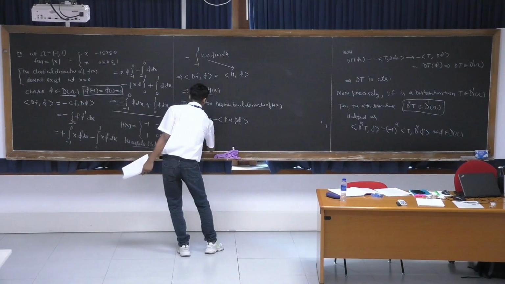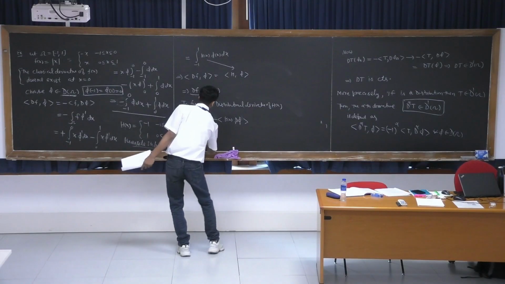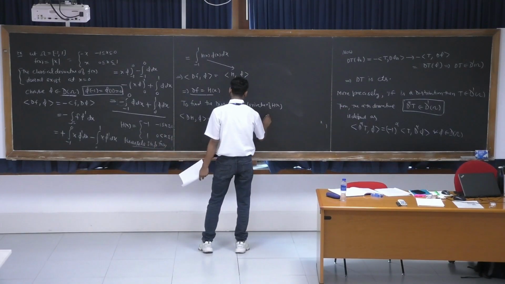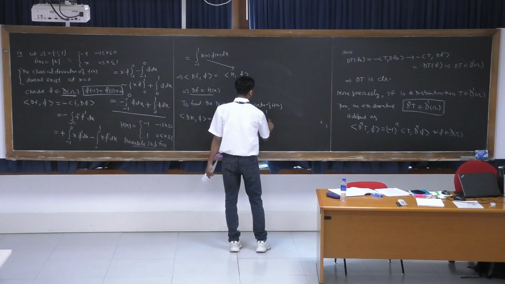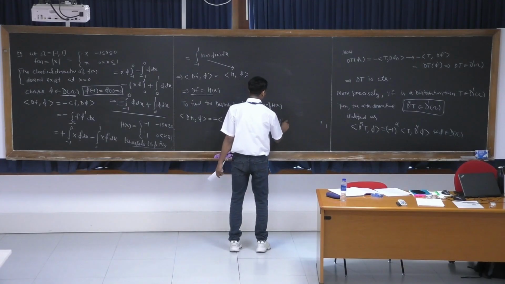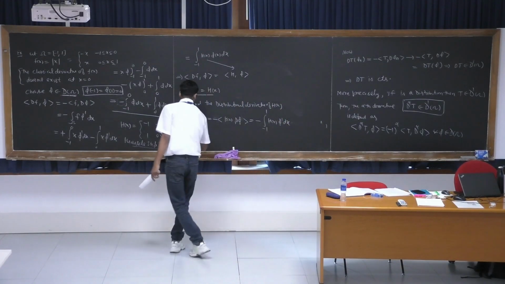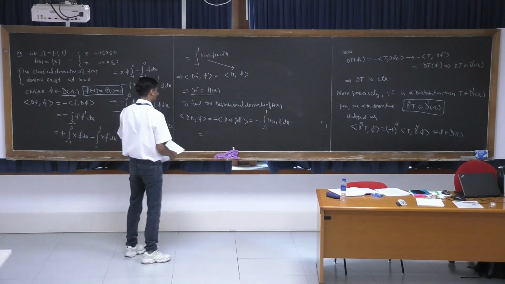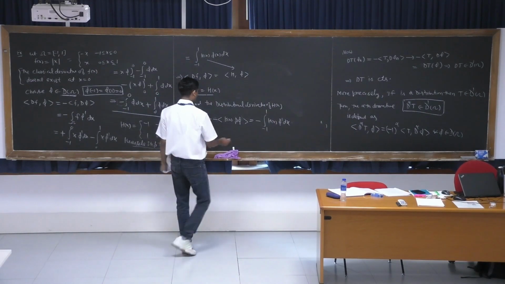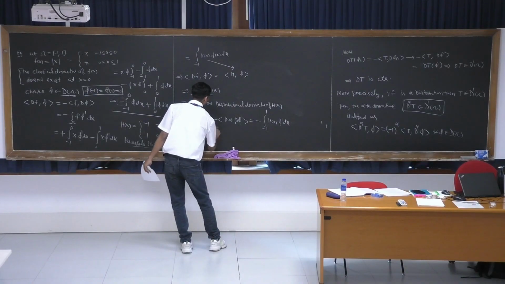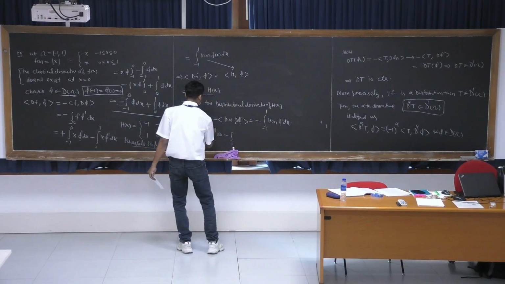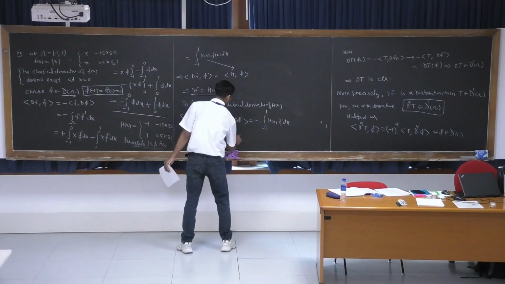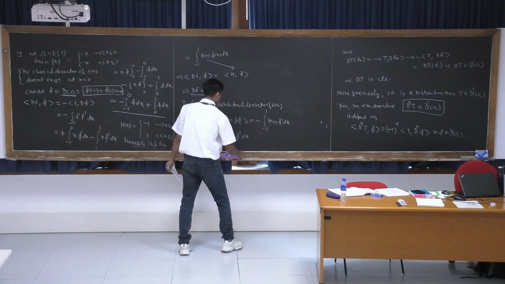So this is equal to minus the integral from minus 1 to 1, again the same domain, of H(x) phi dash dx, and this can be written again, because its values are minus 1 and 1, as minus of the integral of phi dash from minus 1 to 0 and 0 to 1, dx.